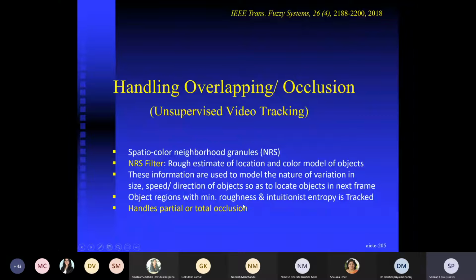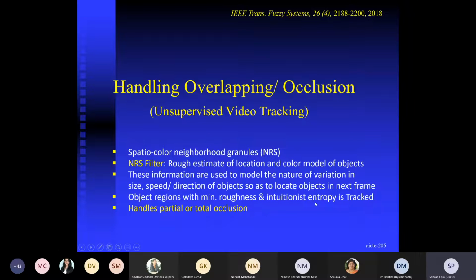And if this roughness is not minimum, we compute an instant entropy which indicates the amount of occlusion. That means I take the occluded region, I put it in the lower and upper, and then see in which way the uncertainty becomes reduced. And that's how it handles partial or total occlusion. That means I minimize the boundary.